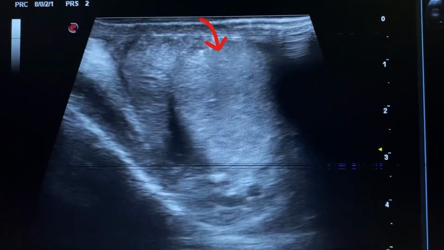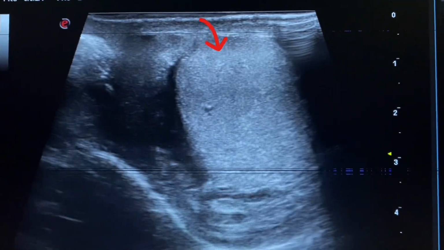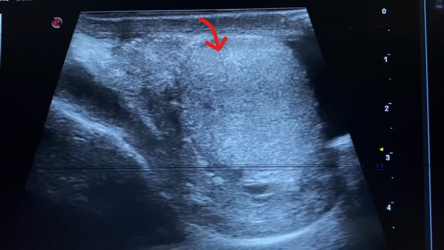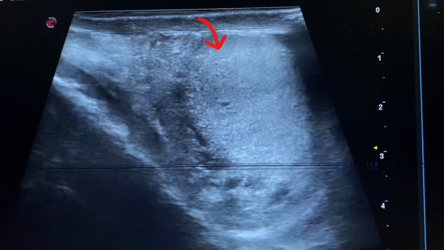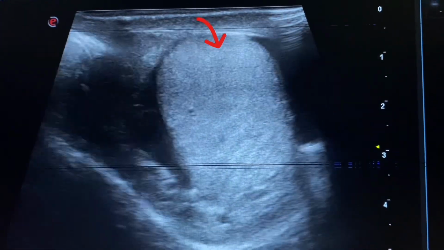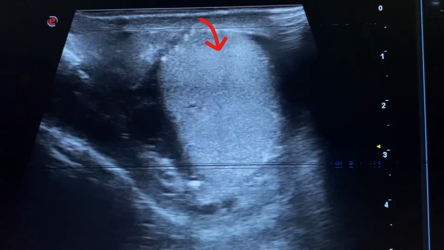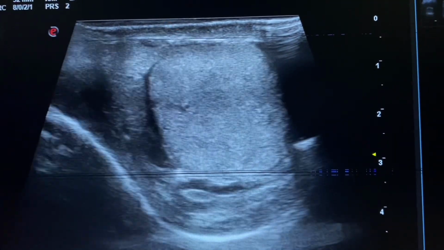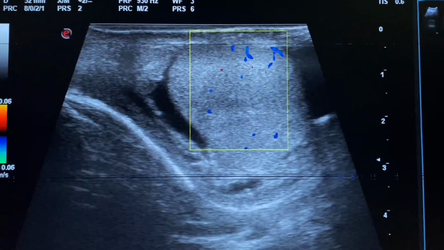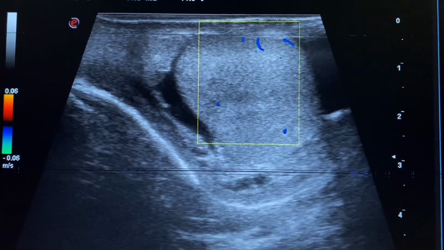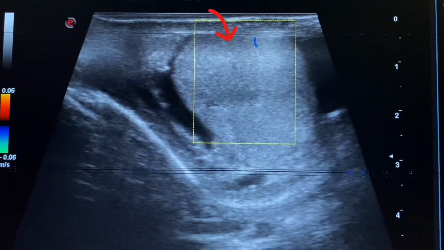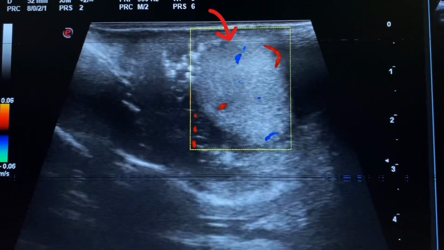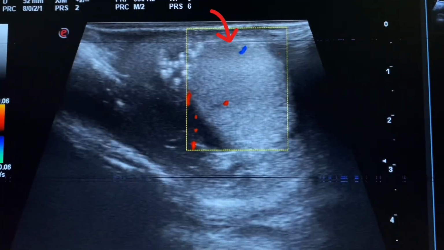This is left testis. It also shows heterogeneous texture, less echogenic to echogenic texture. On color Doppler, we also see increased flow in the testis due to inflammation.